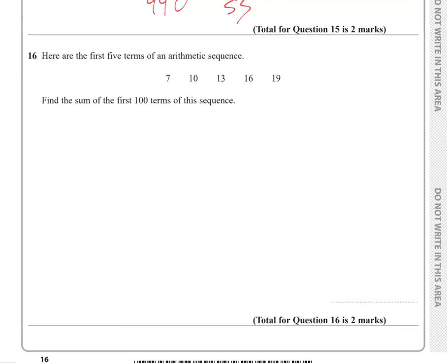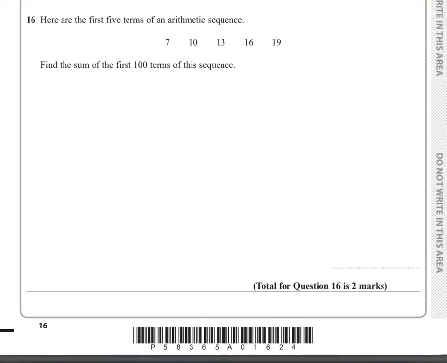Here are the first 5 terms of an arithmetic sequence. Find the sum of the first 100 terms of this sequence. Well, how to do this?